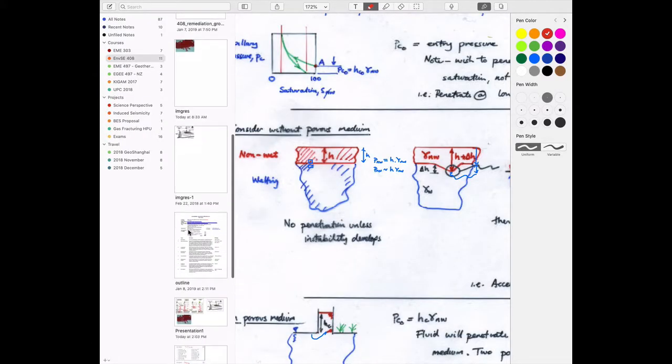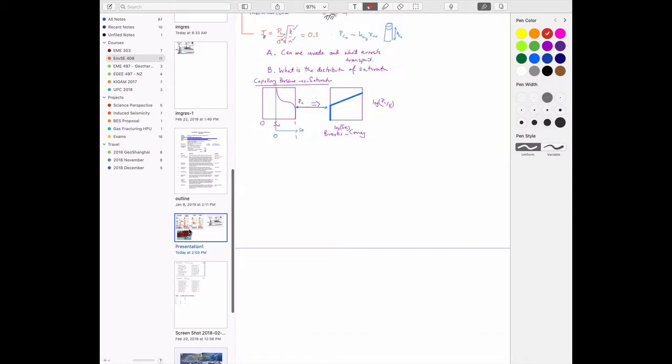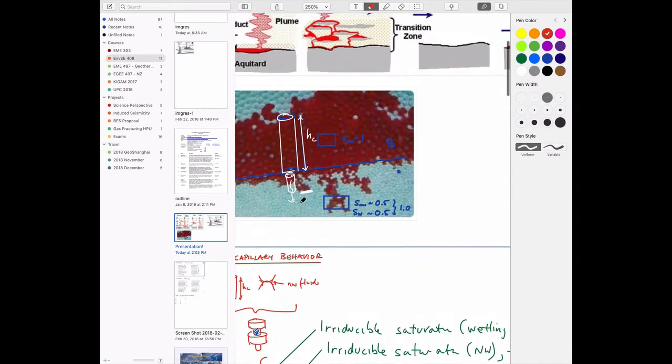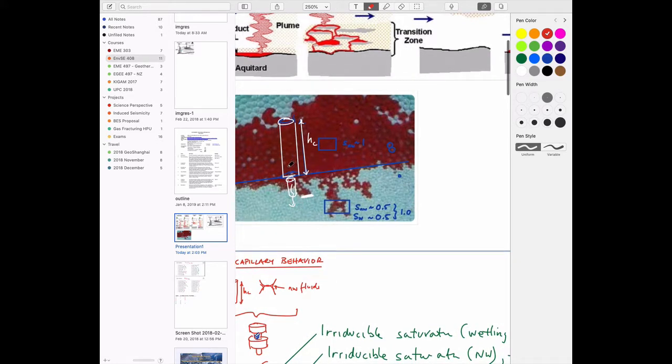The idea is that in this, it's 100% saturated in the pore space here, it's 100% saturated in the pore space here, but if you draw a box around this, then the saturation really might be only 25%, and that's what we're interested in, even though it fills down an individual tube.